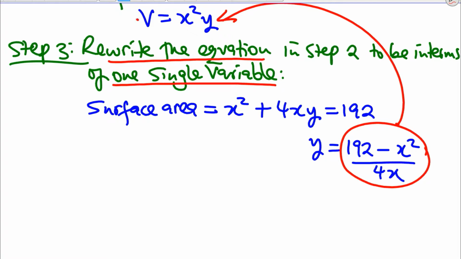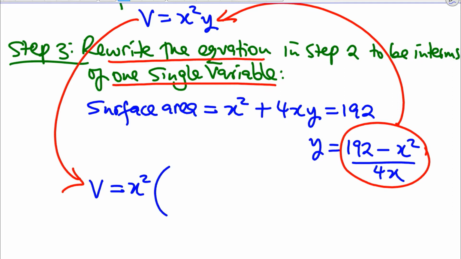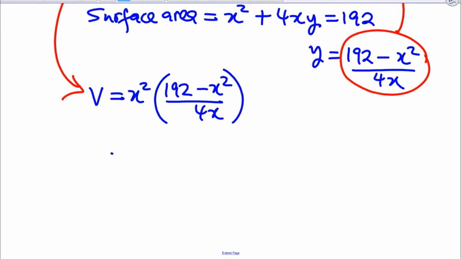Okay, so this will be v will be equal to x squared multiplied by 192 minus x squared over 4x. Okay, and then we have to simplify that. So this will be equal to, and by the way, this x can cancel, x and x will cancel, so we'll have x there.